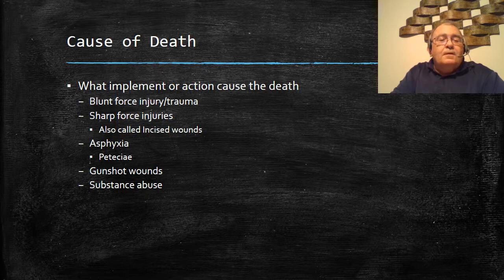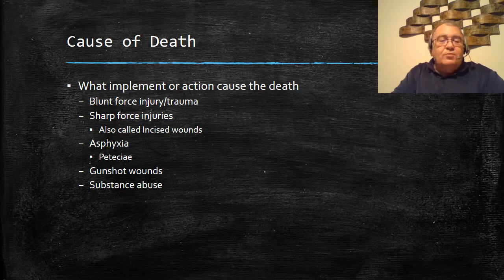Asphyxia, which is the strangling of somebody, cutting off their airway, and sometimes that can be detected on the scene by looking at the whites of their eyes, where you see petechia, which is the red spots in the whites of the eyes. Gunshot wounds are a common cause of death in homicides.